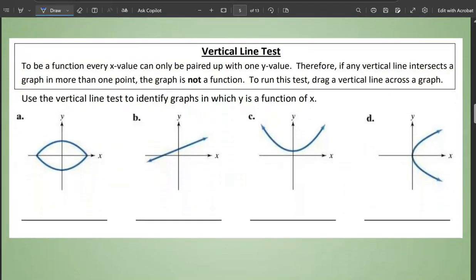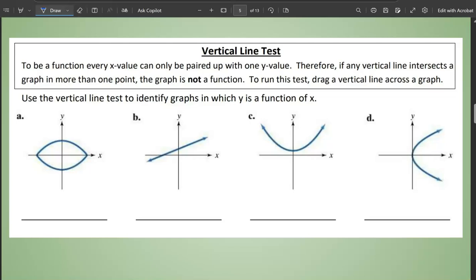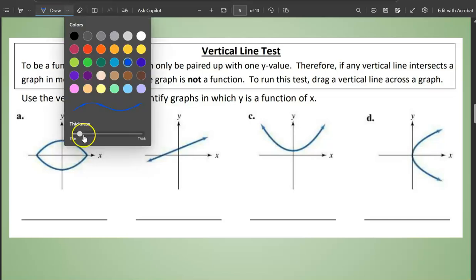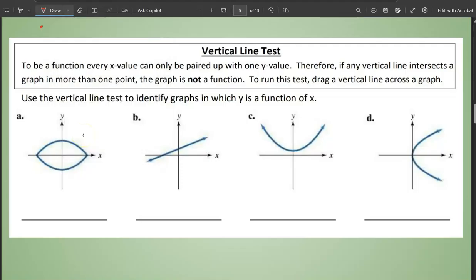To see if a graph is a function, we have what's called a vertical line test. And what the vertical line test allows us to do, it allows us to just draw a vertical line anywhere on the graph. So I drew this vertical line, and I can see that it crossed the graph 2 times. This is not a function.